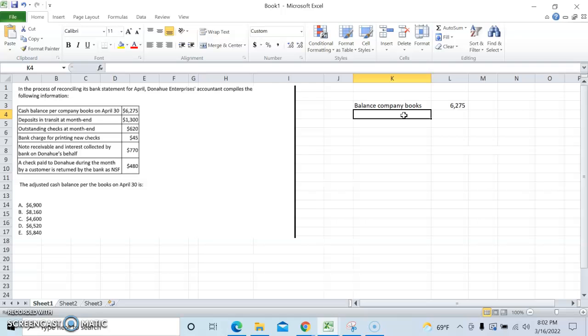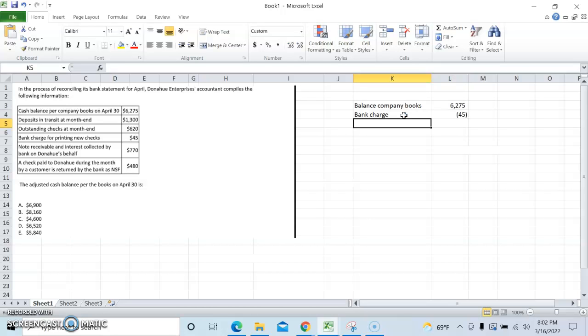Bank charge for printing new checks. You get your statement at the end of the month, and some banks have a bank charge. The bank charge is already on the bank side, so we need to put this on the book side. Bank charge is going to reduce our cash balance on the book side.